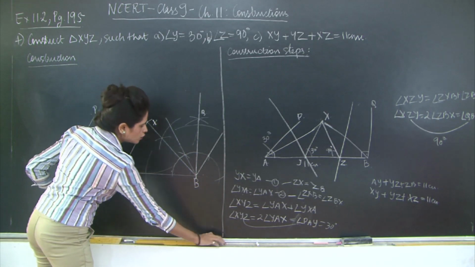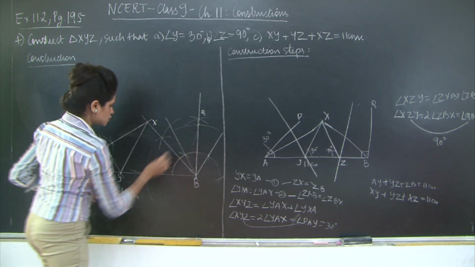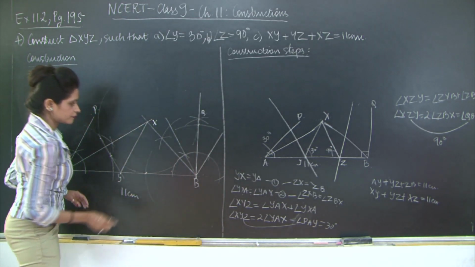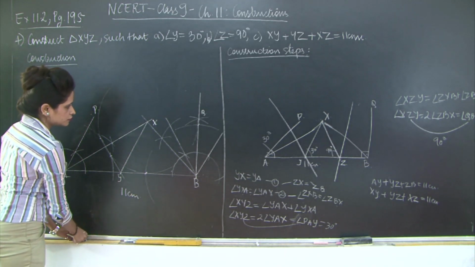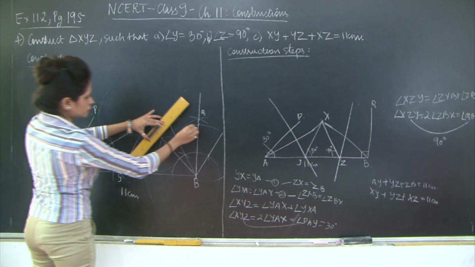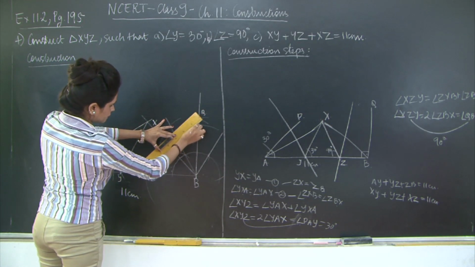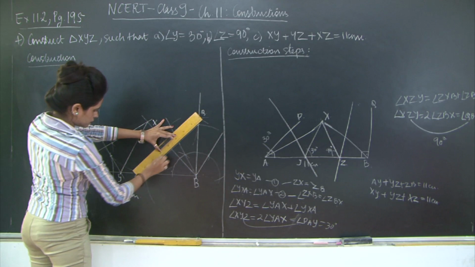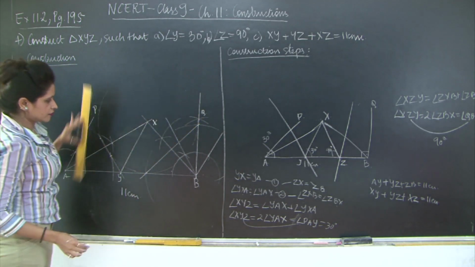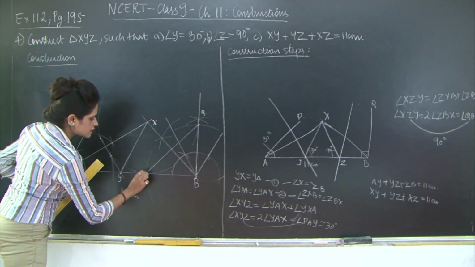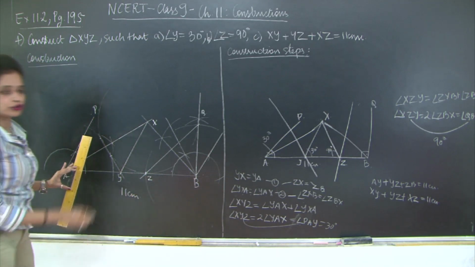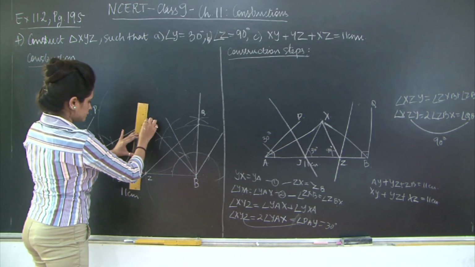So again, I'm going to mark the point of intersection of these two arcs, and I am going to join these points. Now I will call this point Z, and I'm going to join X to Z.